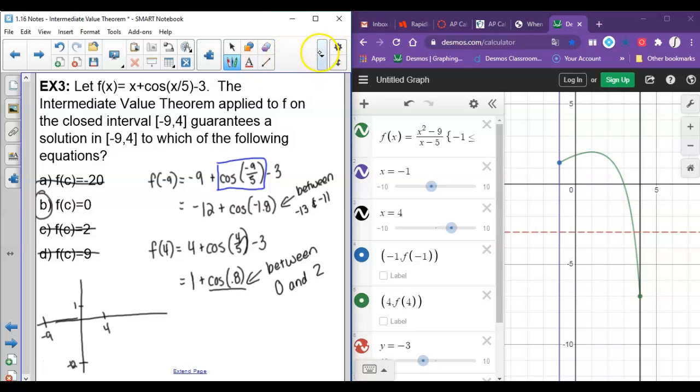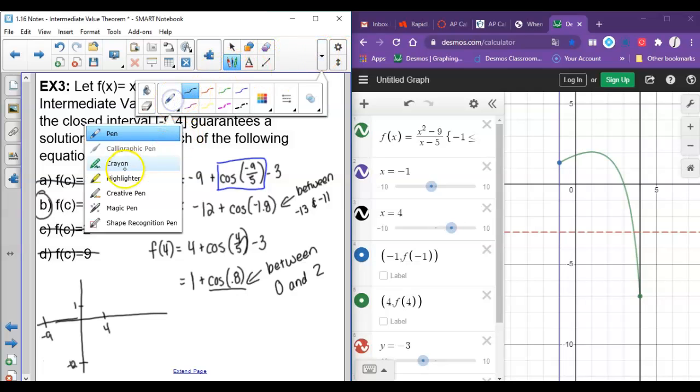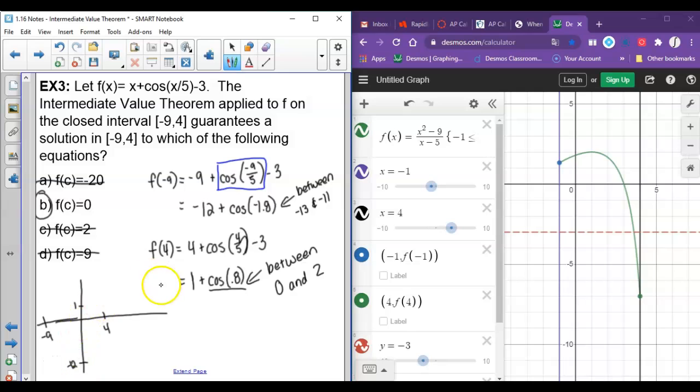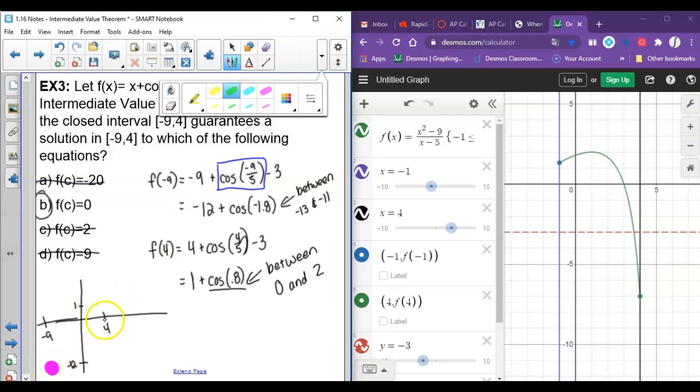You know roughly that your point here, -9, has got to fall somewhere in here. It might be -13, it might be -11, but it's got to be here somewhere. And then for 4, your point's falling somewhere around 1. It might be as low as 0, it might be as high as 2, although it cannot equal 2. It also will not equal 0.